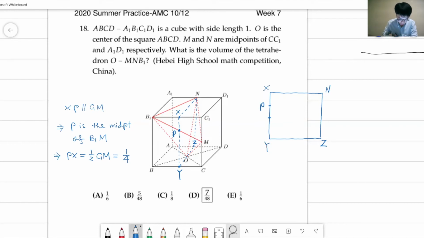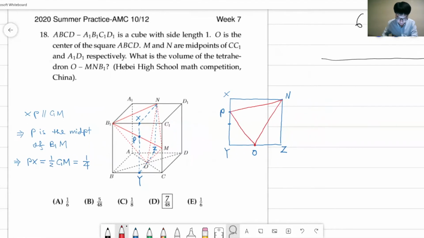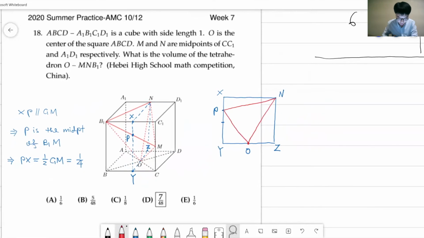So we consider triangle PNO. Okay, O is the midpoint of YZ. Let's consider PNO. If we draw it in the figure, this corresponds to the base of two tetrahedrons.